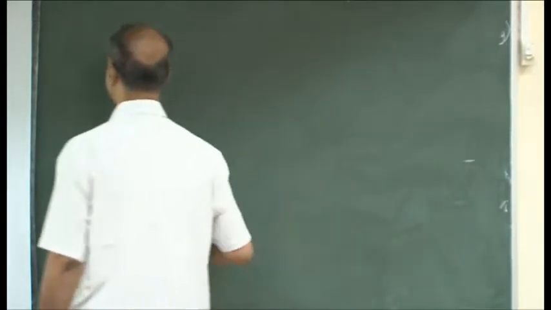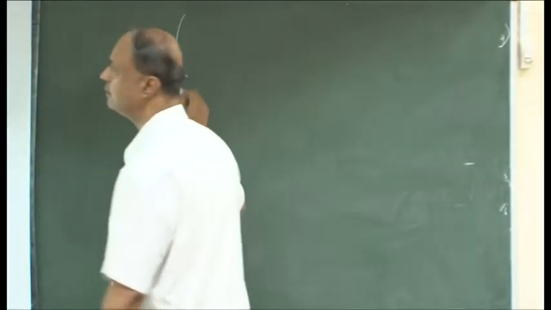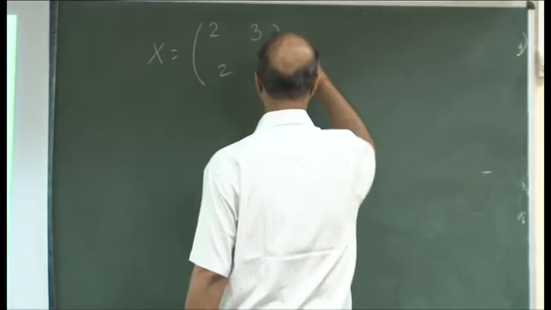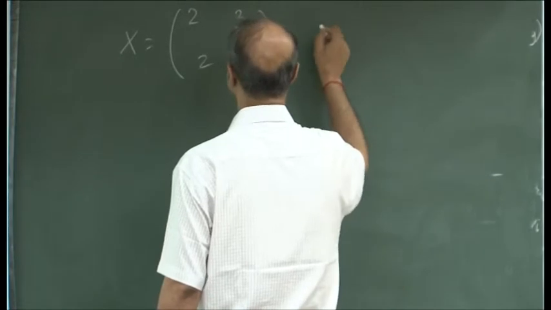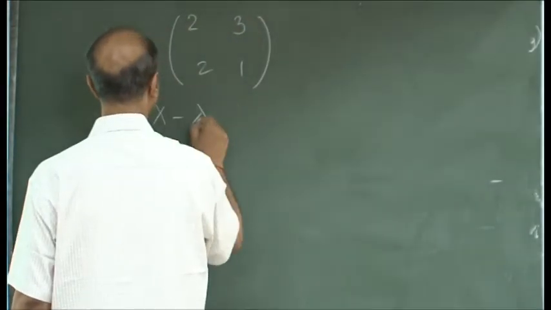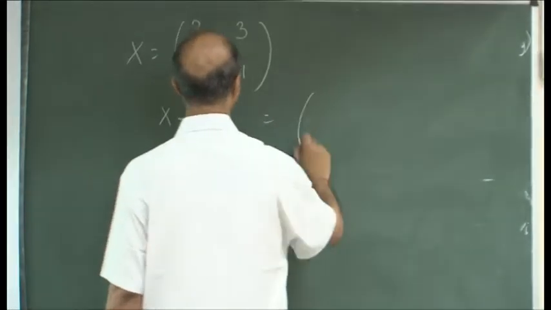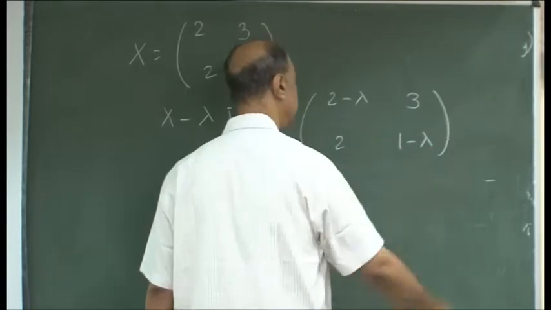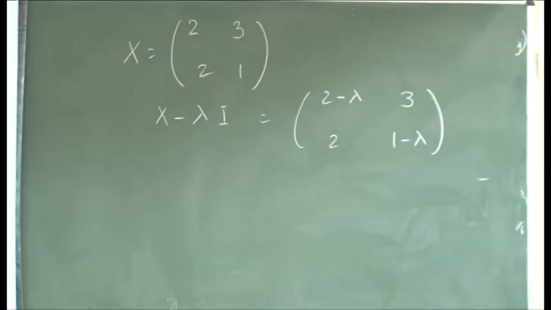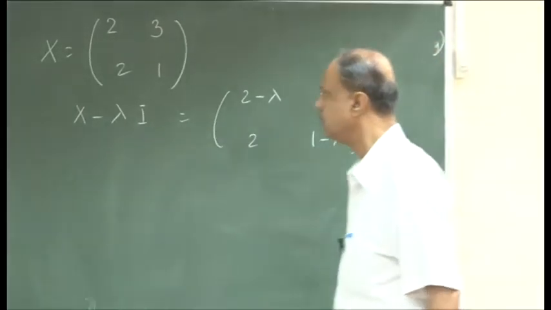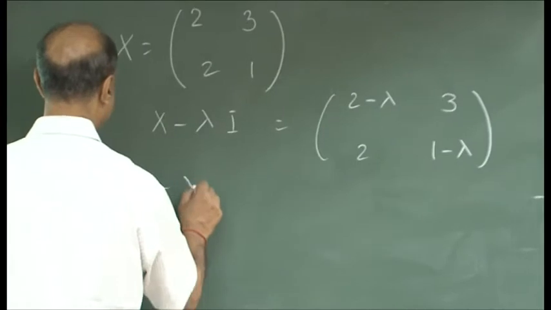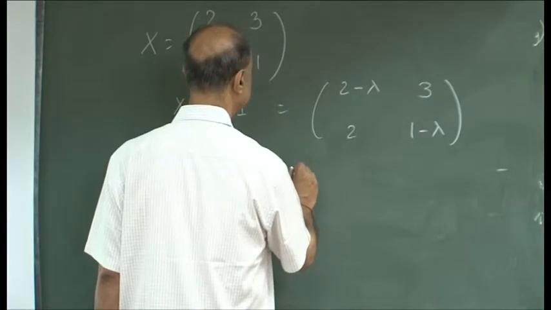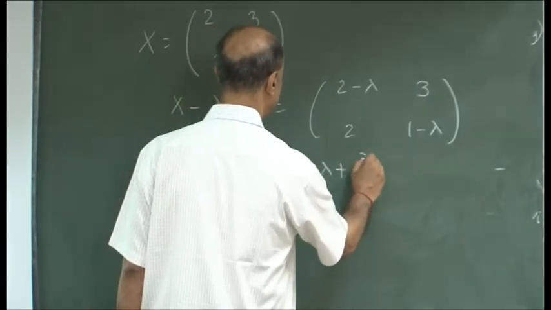Now, in order to find it, you have to find out what is your X. X is 2, 3, 2, 1, and so you have to find X minus lambda I, which is nothing but 2 minus lambda, 3, 2, 1 minus lambda, right, because I is the identity matrix. So, the determinant of X minus lambda I is 2 minus 3 lambda plus lambda square minus 6.